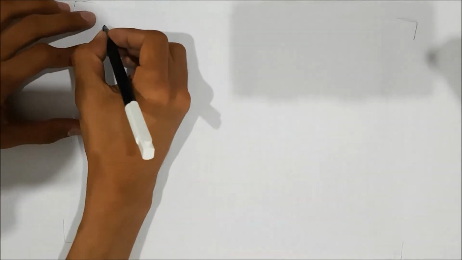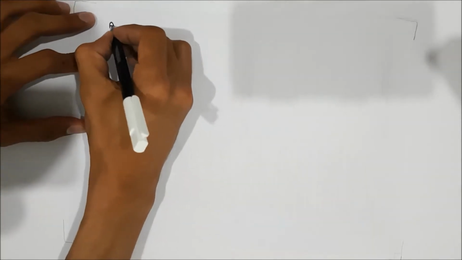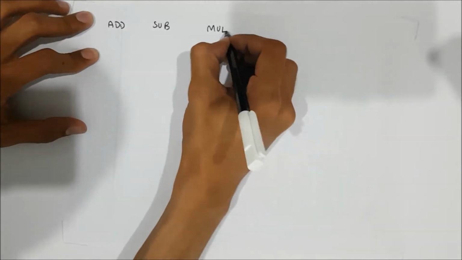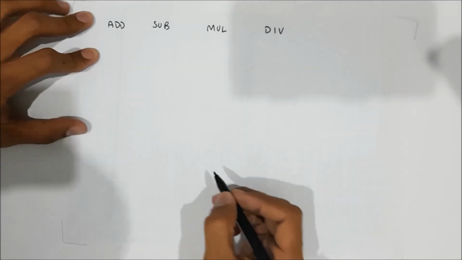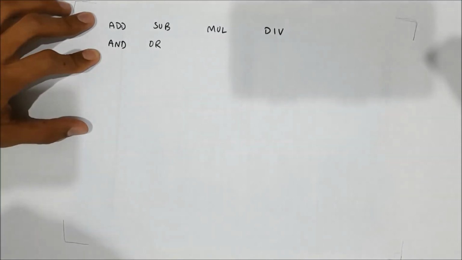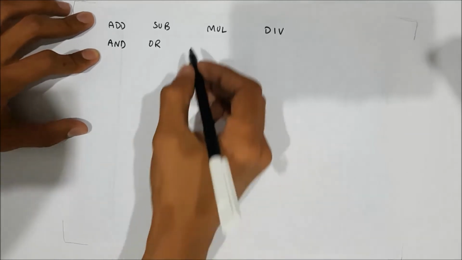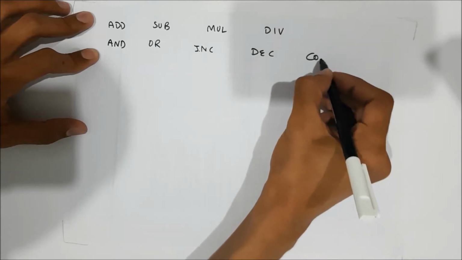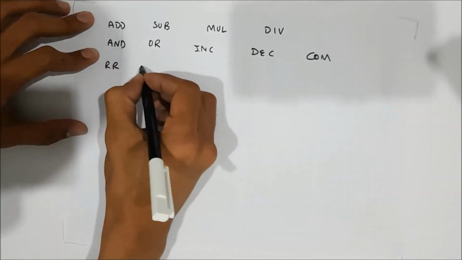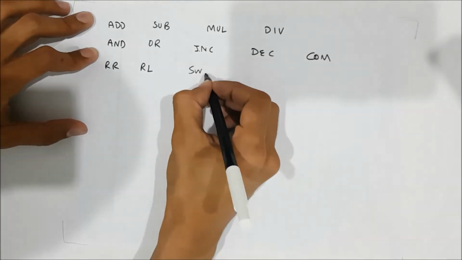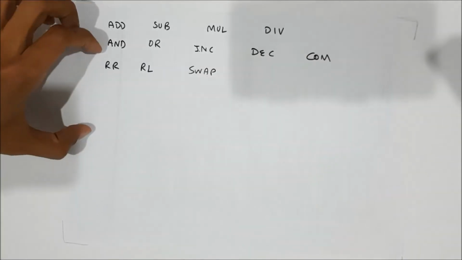By looking at the instruction set of PIC18 microcontroller, we can add, subtract, multiply, divide, AND, OR, increment, decrement, complement, rotate right, rotate left, and swap different numbers.